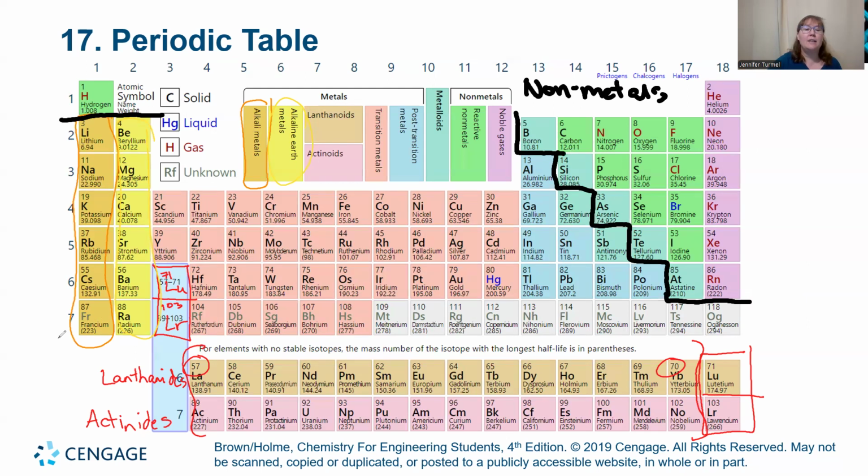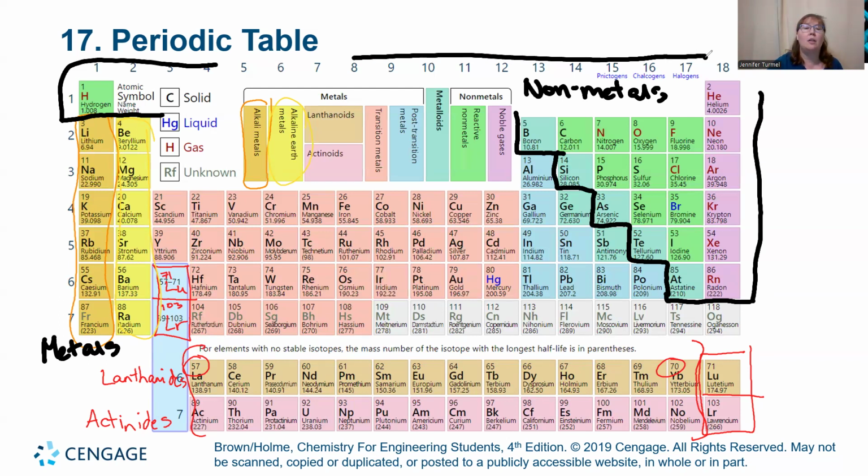Okay, and down here on this side of things, we have metals. So I'm just going to draw a nice heavy bar here showing all of these. Okay, so these are your nonmetals, and everything else is a metal.